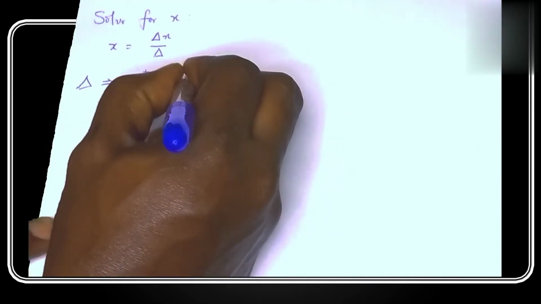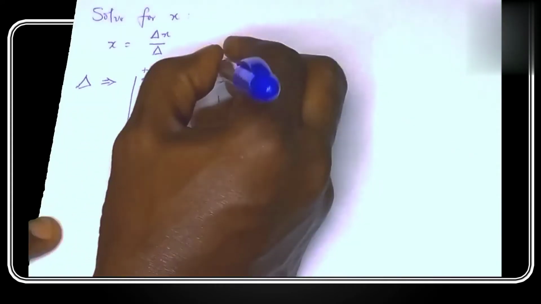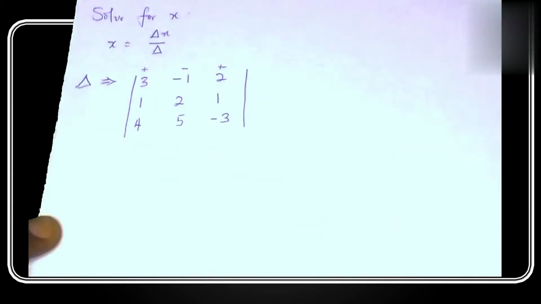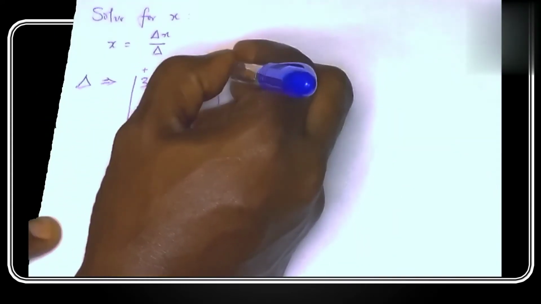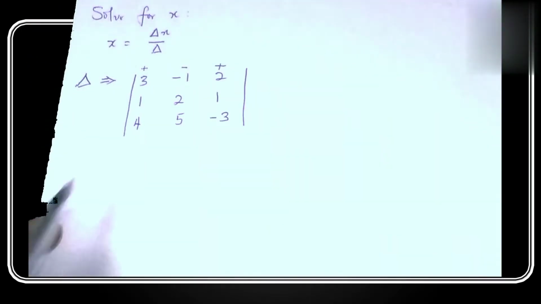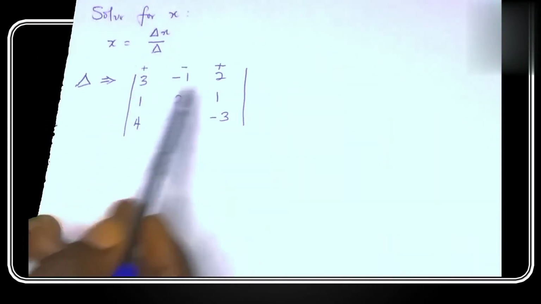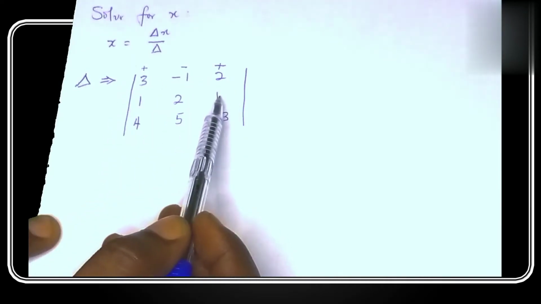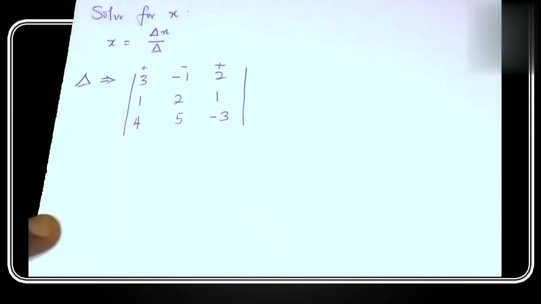The next column will carry a minus, while the next one will carry positive. The signs of a matrix, column by column or row by row, go alternately, plus minus like that as it goes. But since we have 3, it starts with plus and ends with plus.